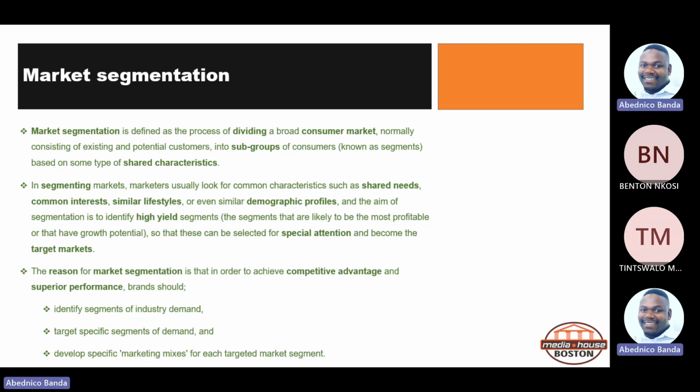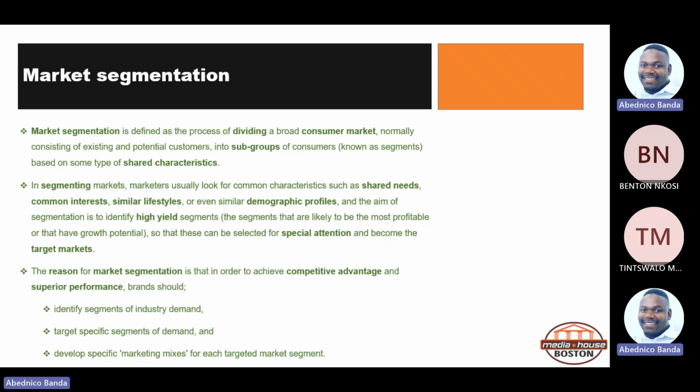Okay. So in segmenting markets, marketers usually look for common characteristics such as shared needs, common interests, similar lifestyles, or even similar demographic profiles. The aim of segmentation is to identify high-yield segments, the segments that are likely to be the most profitable or have growth potential, so that these can be selected for special attention and become the target market.